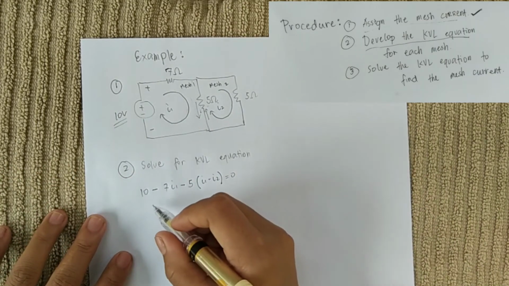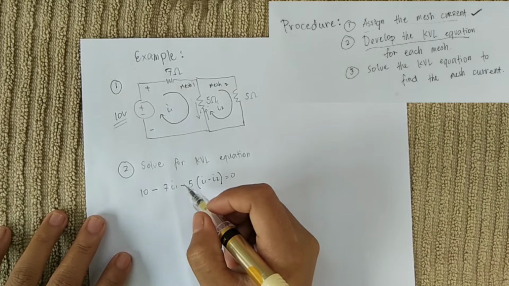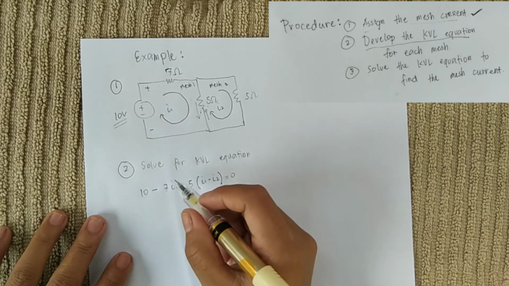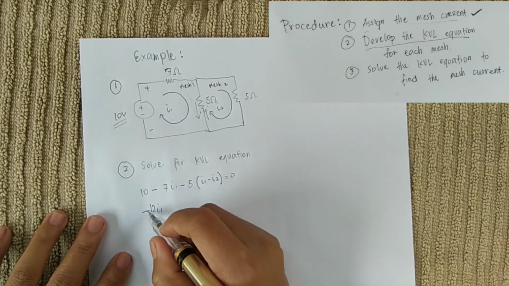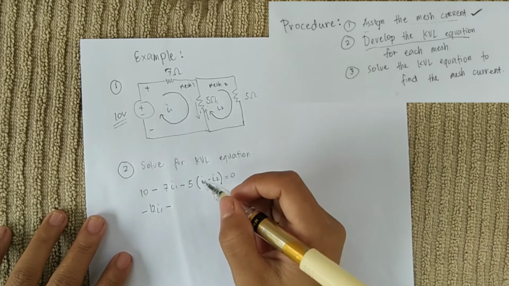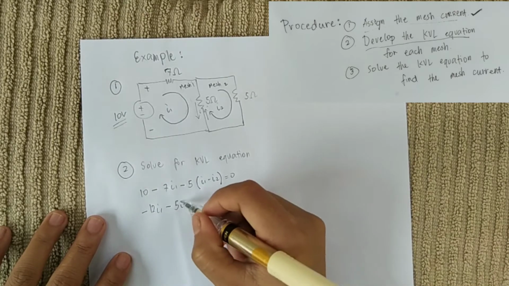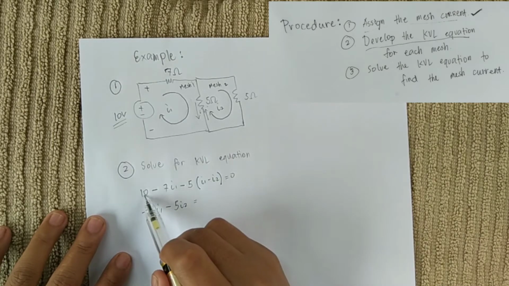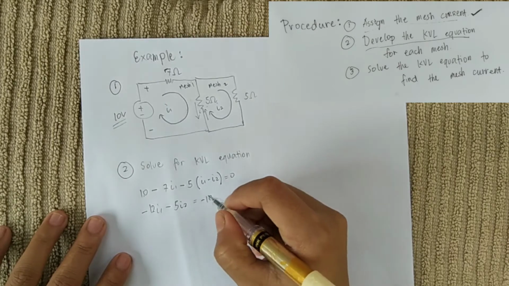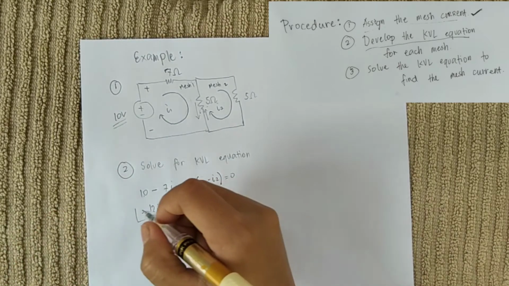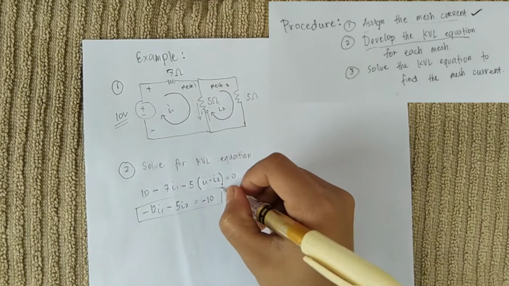And then we're going to simplify. We have 7 and 5, so it's negative 12 I1. Then negative 5 I2 is equal to, we're going to transpose the 10, so it's negative 10. So this is the first equation.